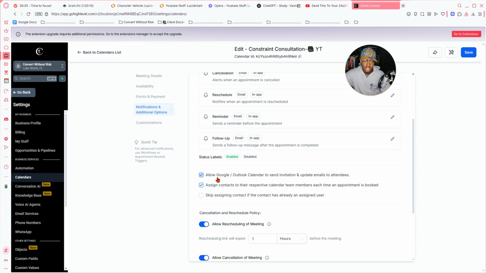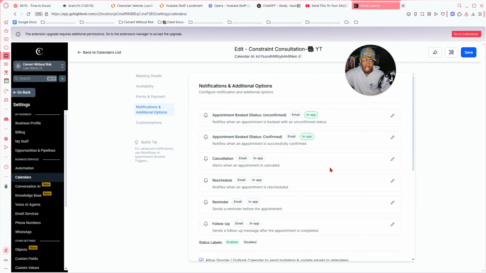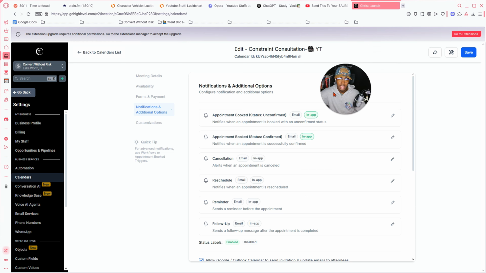So right here, you'll see allow Google/Outlook calendar to send invitation, updates, and emails to attendees. Meaning, you have to click this on and hit save. And every time someone books this, Google will send them an invitation to the meeting so that they can connect on there too. And it will show up on their calendar.